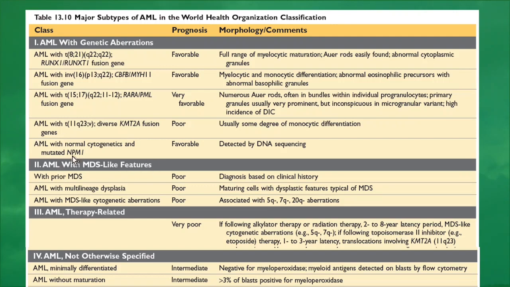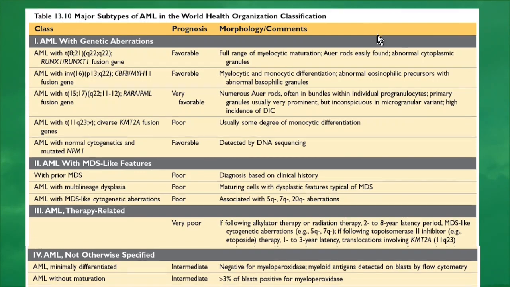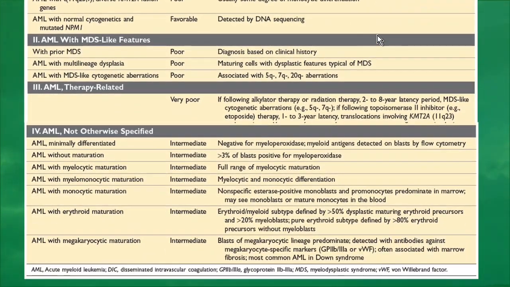Then the second broad class is AML with MDS-like features. Here AML can occur from an MDS, a patient with MDS going into AML, or AML with multilineage dysplasia. Don't have to go into details of these. Another category is AML therapy related.